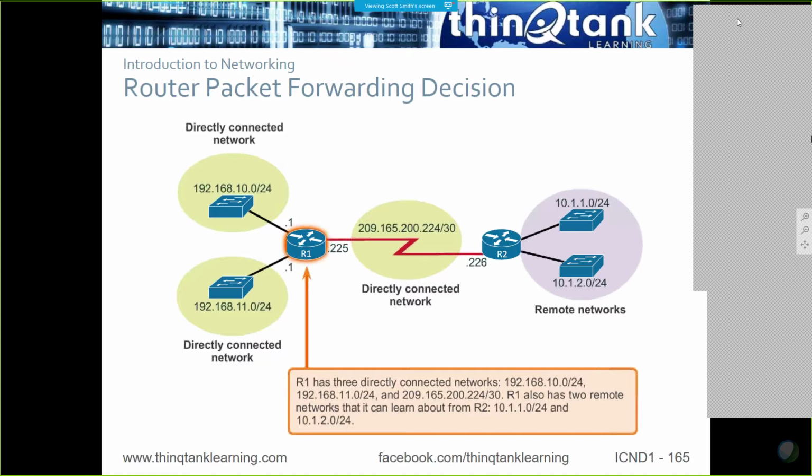My question was, in order for R1 to be able to get to R2, don't the connected networks have to exist first? I'm talking about specifically with this topology. How does R1 get to R2? By a connected network, right? By this serial link.